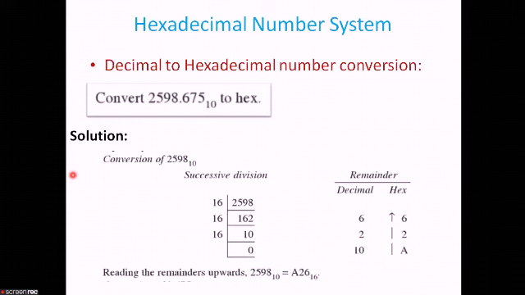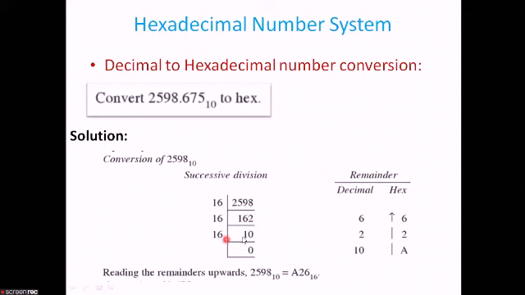Already you know this, as you have done the conversions in binary, and then you have done the same conversions in the octal number system, and the procedure is the same. So first we will be doing the conversion of 2598. How will we do it? We will be successively dividing the number by 16 and taking the remainders. Now divide 2598 by 16. What is the remainder? The remainder is 6. Next divide 162 by 16. The remainder is 2.